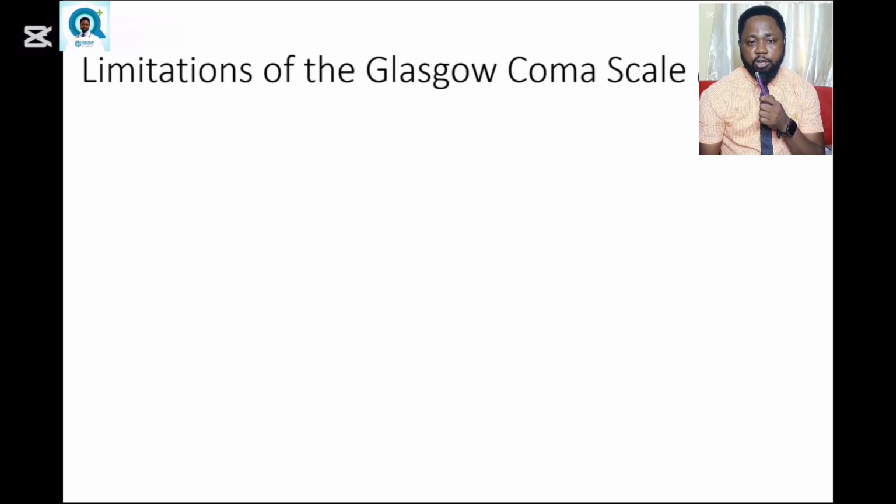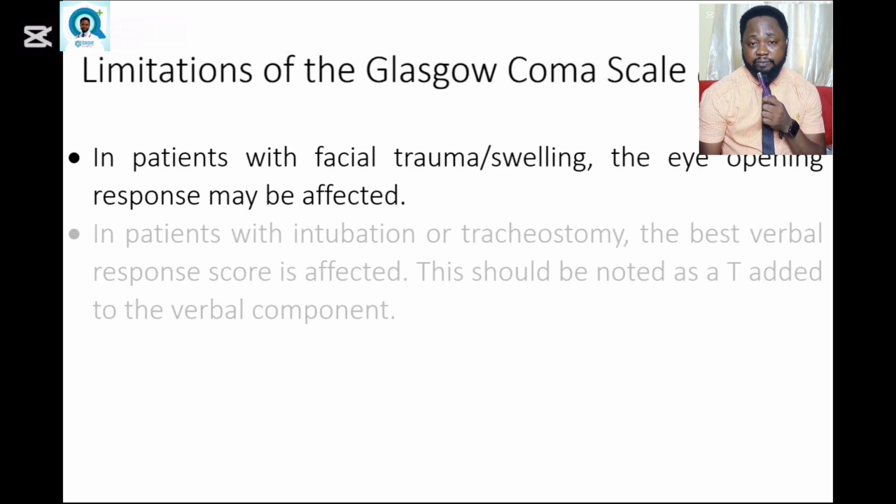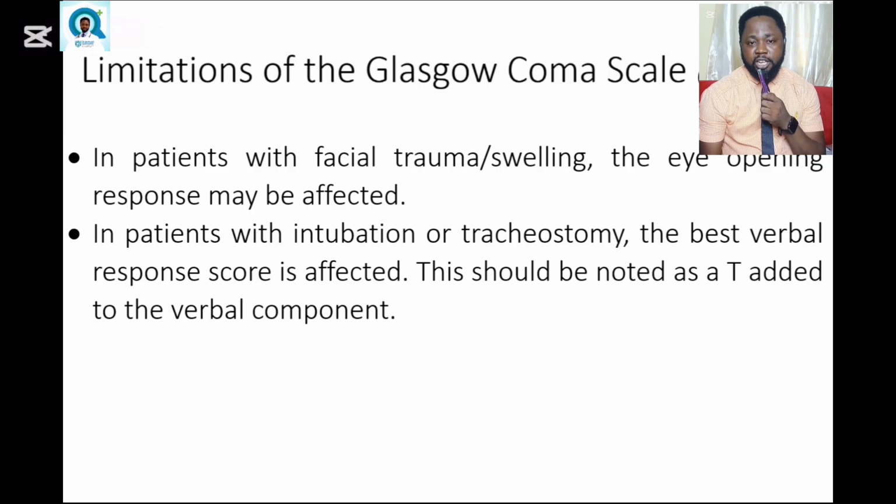The limitations of the Glasgow Coma scale include: in patients with facial trauma or swelling, the eye-opening response may be affected, and this should be noted when documenting the findings. And in patients with intubation or tracheostomy, the best verbal response score is affected.